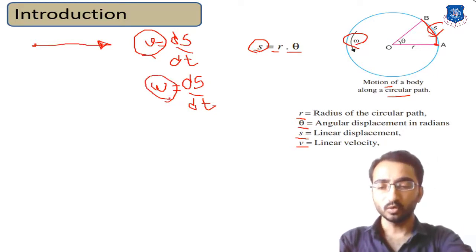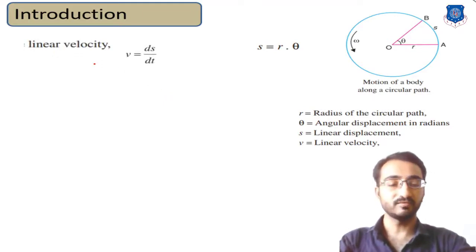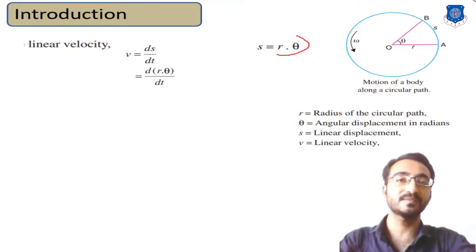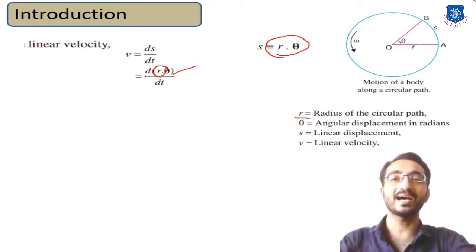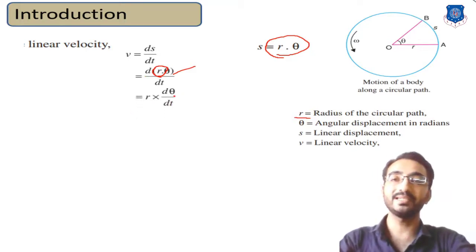To derive that relation, let's start with the linear velocity. V is equal to ds by dt. Putting s is equal to r into theta, and since r, the radius of the circle, always remains constant, we take r outside the derivative, so we get r into d theta by dt.